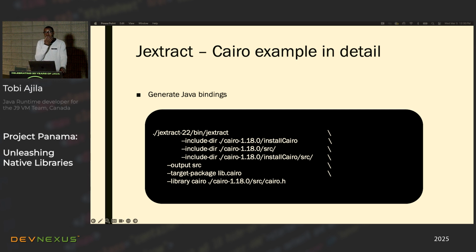I know it was used a while ago, for similar reasons that Panama has been created. I know the JRuby guys needed something to generate bindings because they were calling out a lot and they wanted something to automate that sequence. It solves kind of the same problem in a different way.